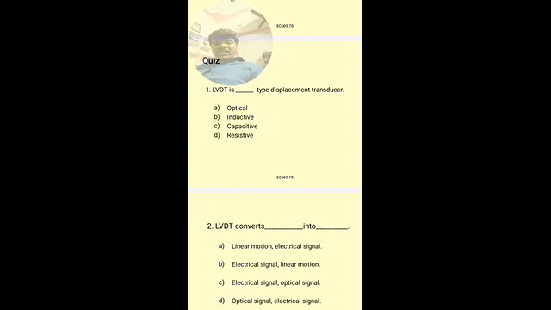Options: linear motion into electrical signal; electrical signal into linear motion; electrical signal into optical signal; optical signal into electrical signal. The answer: LVDT converts linear motion into electrical signal.